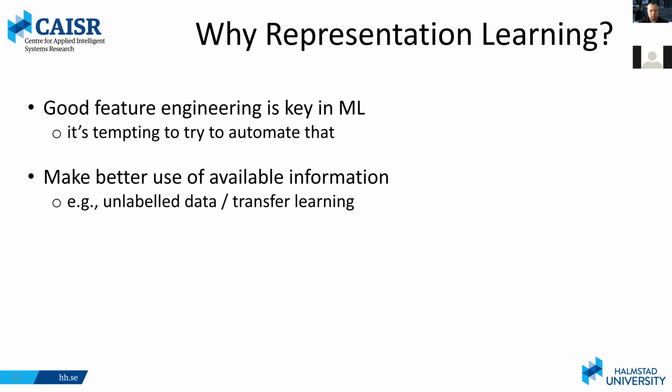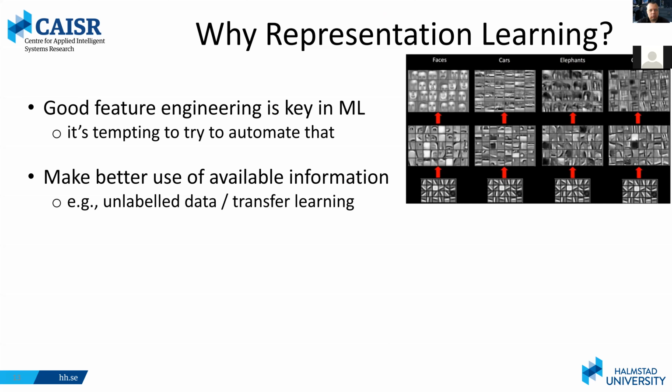And in the areas of image processing, right? Computer vision, deep learning, all of those big improvements in the last years basically come from the ability to learn better representations. And a lot of this boils down to being able to take advantage of various kinds of available information.